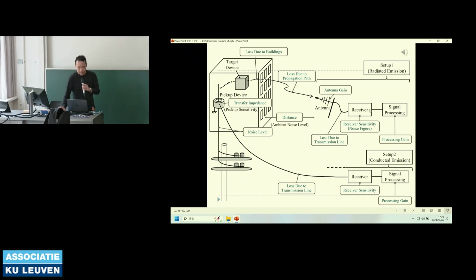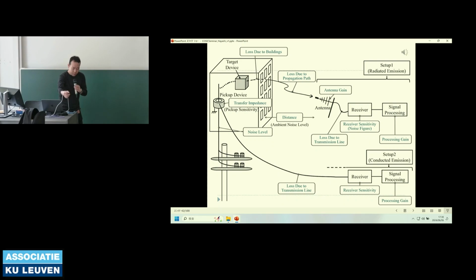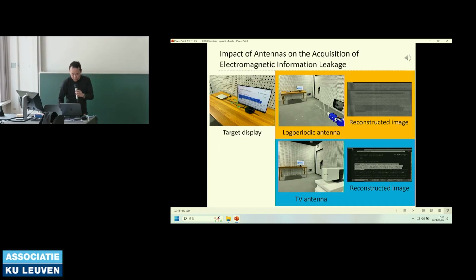After receiving the signal, we apply signal processing techniques. For the conducted emission, we put a current probe on the cable. The current probe picks up the leakage signal. This is the difference between the conducted emission and the radiated emission.